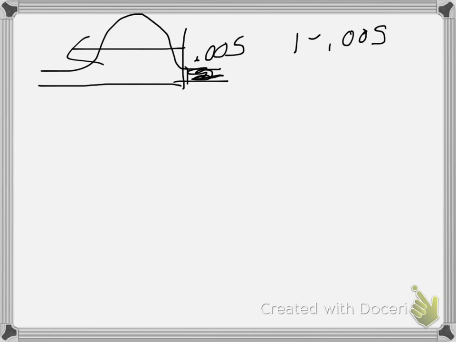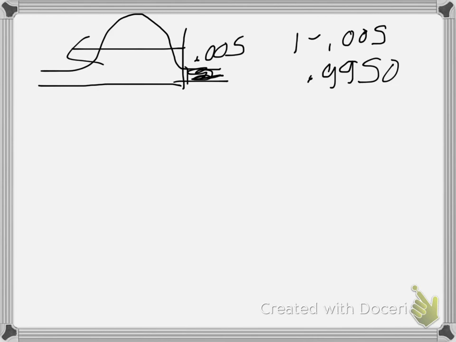So what is 1 minus 0.005? That's 0.9950. Now, why would I care about that? Well, remember, these probabilities are all left-tailed. So if we want to find 0.005 to the right, we want to subtract that and find their 0.9950. Remember, we did this before.